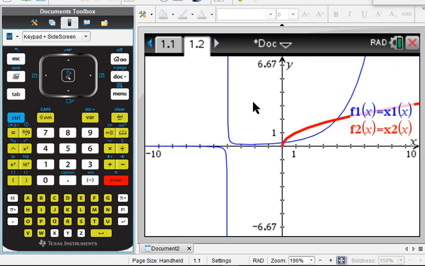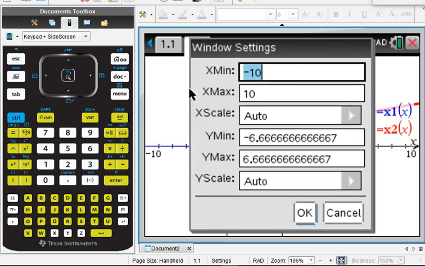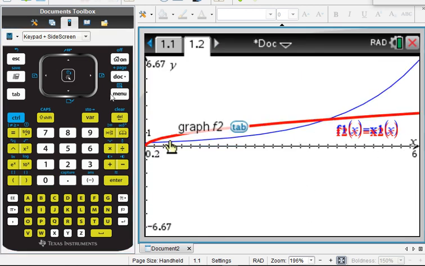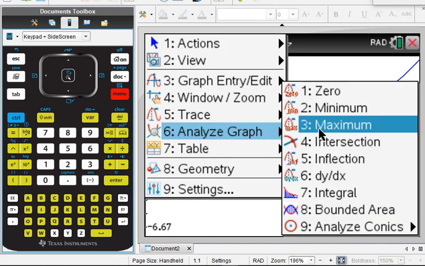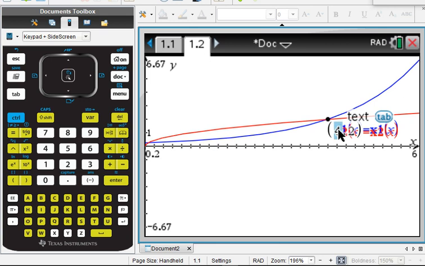But let's change our window size, menu, window, zoom. And again, we want to just look between 0 and 6. And we can leave the y min and max like that. So then you go intersection again: menu, analyze graph, intersection. Lower bound, click there. Upper bound, click there. And you can see it's right there at 4.